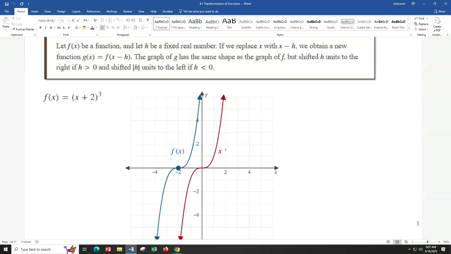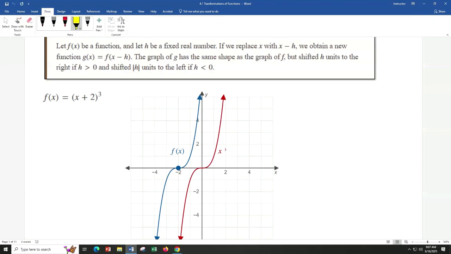Realize they give you a formula. I'm going to help you with this in 2 ways. One, they give you a formula here that says f of x minus h. Notice this plus 2 here. Realize what that's saying. You know what that's telling me? Why is this thing at -2 here?